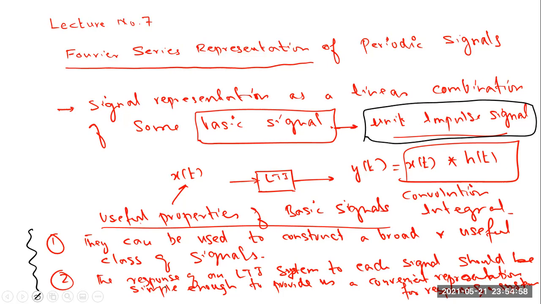But let's first of all look at the second property, which is the response of an LTI system to each signal. So this each signal, I'm talking about this basic signal. So if I want to select any basic signal, I want that if I apply that signal to an LTI system, the response of the LTI system should be simple enough.